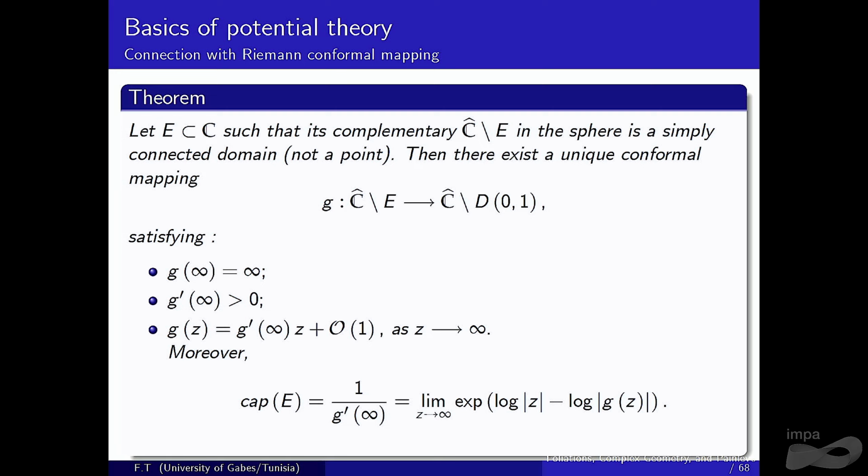The capacity equals 1 over G prime of infinity. And of course, there is also a connection with the so-called Green function.